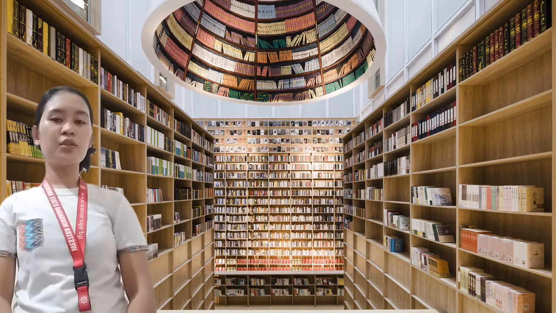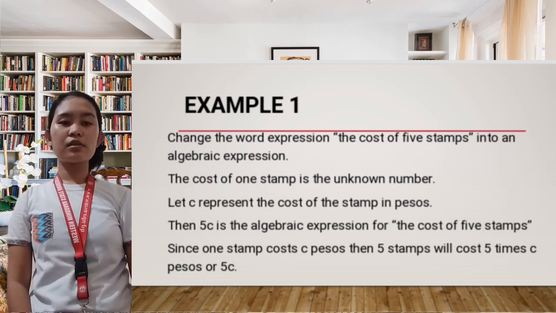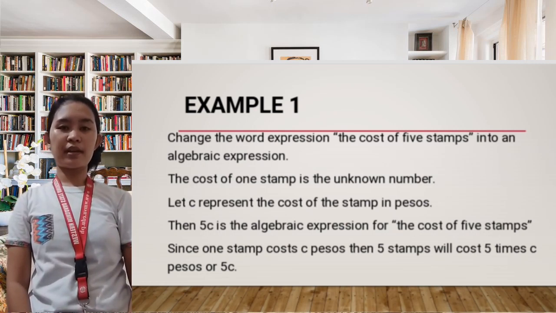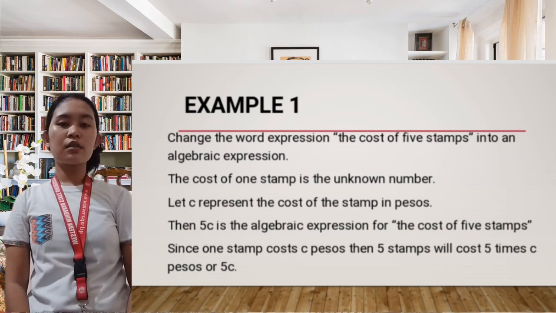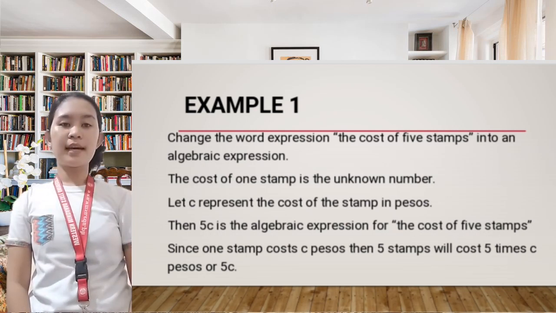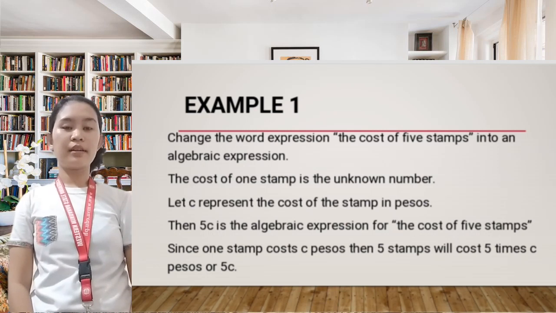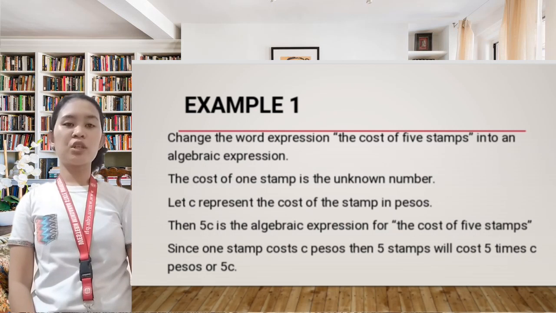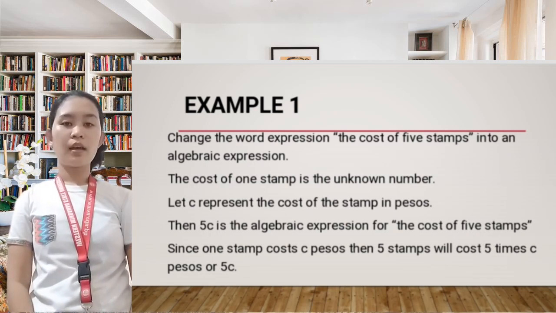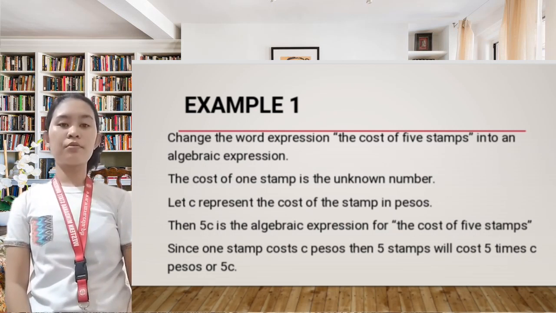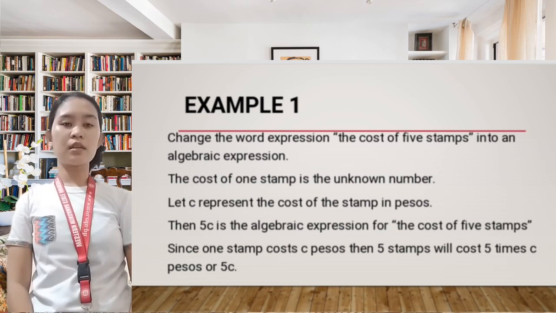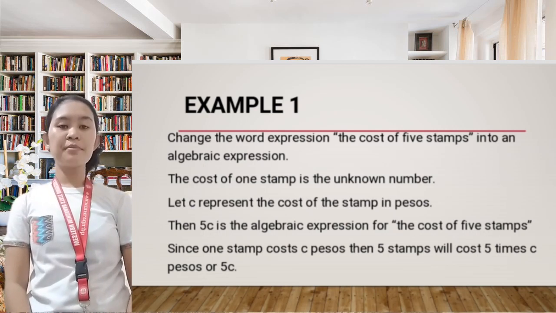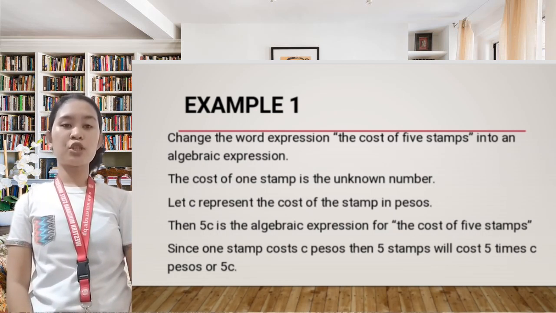So let's proceed to example number 1. Change the word expression, the cost of 5 stamps, into an algebraic expression. The cost of 1 stamp is the unknown number. We don't know how much the cost of a stamp is. Let C represent the cost of the stamp in pesos. Then 5C is the algebraic expression for the cost of 5 stamps.